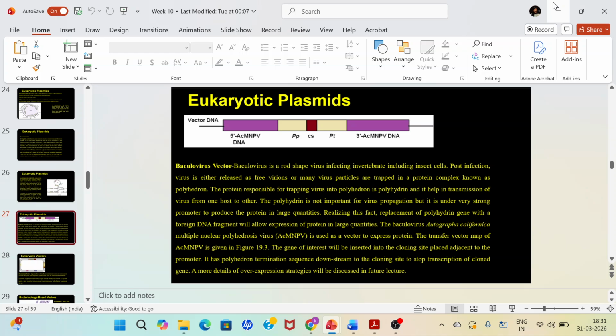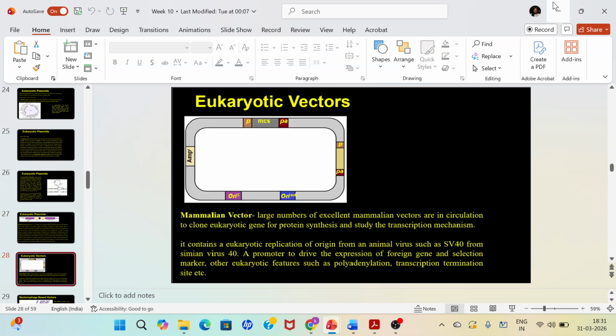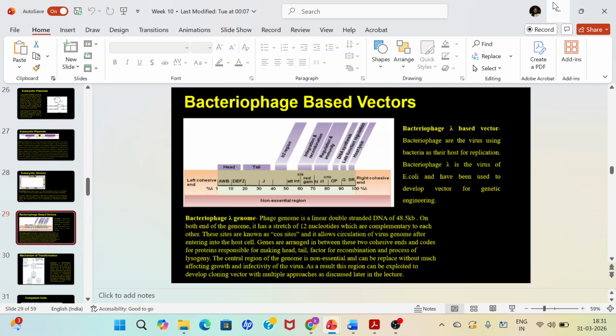That vector can also be used in the case of eukaryotic cells. Another category is the mammalian vectors, which can also be used for cloning. Then bacteriophage vectors can also be used. Bacteriophage vectors are generally used in phage display, when we are doing the phage display technique. But yes, bacteriophage vectors can also be used for cloning.